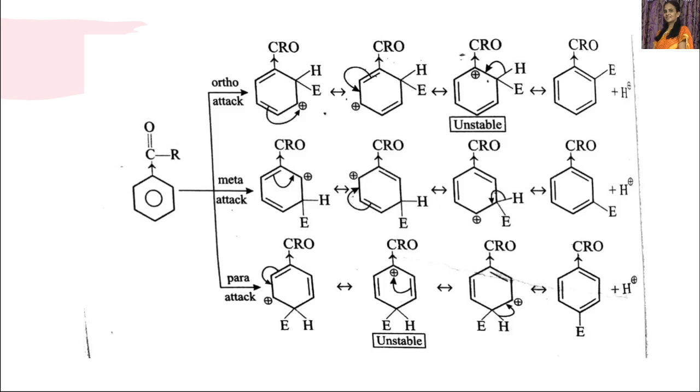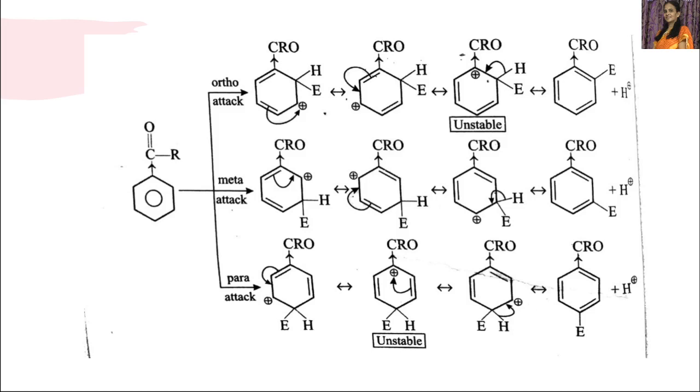If we consider the para attack, you can see a new sigma bond is formed between the para, fourth carbon and the electrophile, and the adjacent carbon bears the positive charge, which is delocalized with the help of these two pi bonds. You can see different resonance structures are produced, where in one resonance structure the carbon to which the C double bond O group is directly attached is bearing the positive charge.